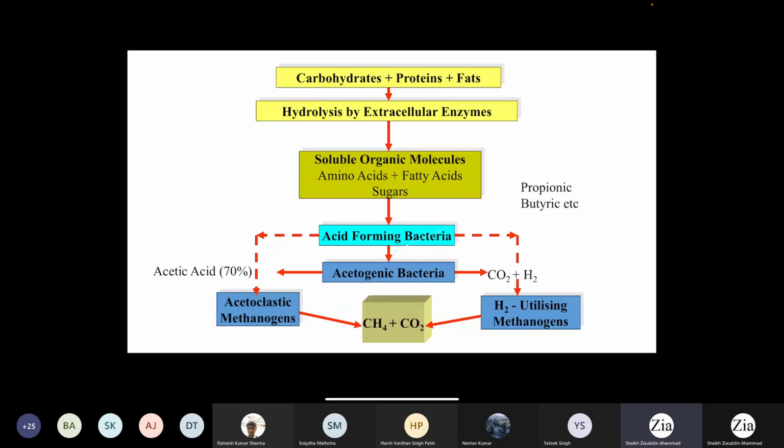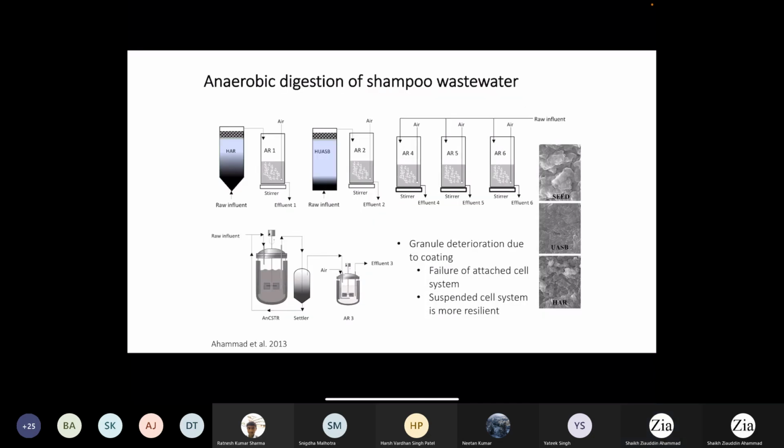We have already mentioned about this particular scheme that you have a syntrophic relation between different kind of bacteria, and based on their syntrophic relation you get the overall performance of the anaerobic digester. Okay, so now anybody has any question on this wastewater treatment system?